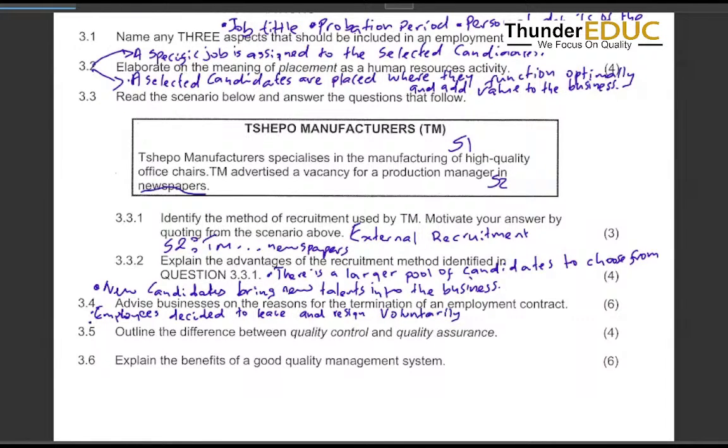Then the next one, we said that incapacity to work due to illness.